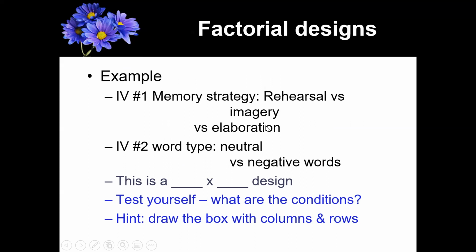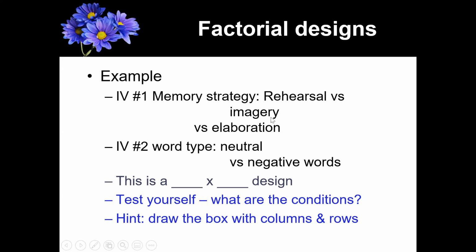I won't go off on a tangent here, but the problem with elaboration is that it's not really well defined in memory research. That's why people don't like it. But let's say it's just telling the people to connect it to something in their lives. So think of a time this word related to you. That'll be our elaboration condition.